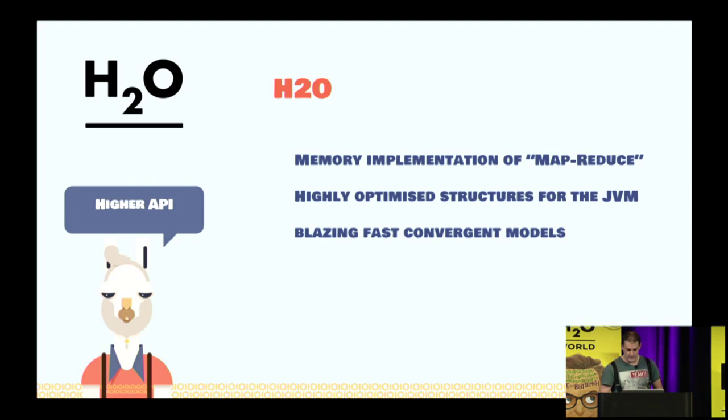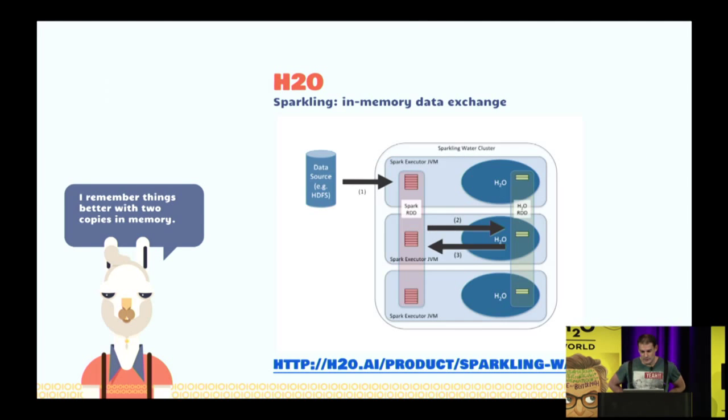So it's a very efficient MapReduce implementation with a really optimized structure for the JVM and a very good algorithm for machine learning. Now, I guess you have heard about Sparkling Water earlier in this conference. In two words, if you have a Spark and you want to work with H2O at the same time, you need just a few things.